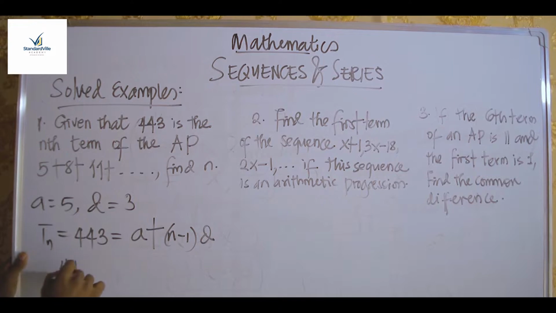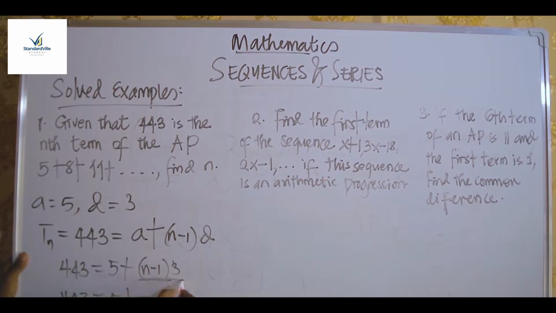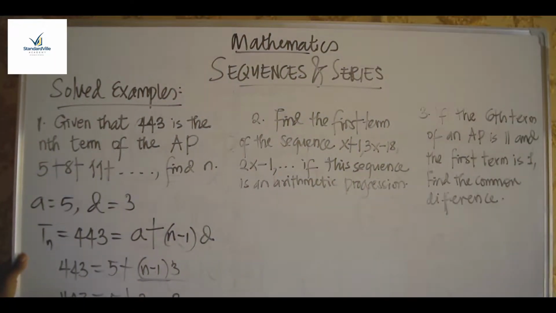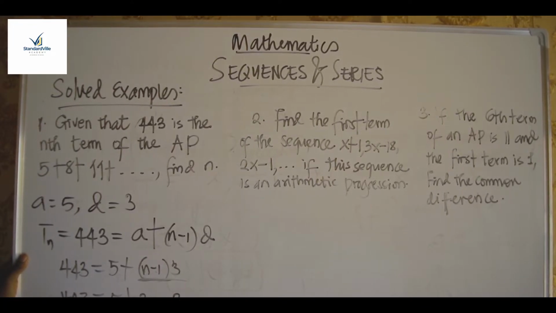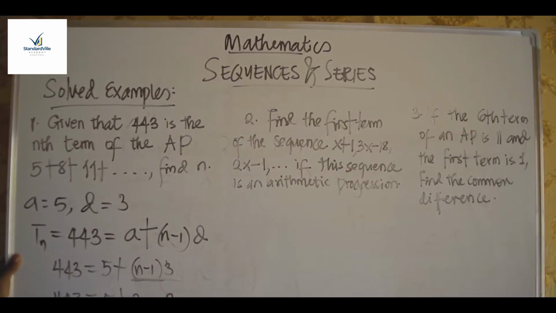So I'll say 443 is equal to 5 + (n - 1) times 3. 443 is equal to 5 plus, expand this bracket, 3 times n is 3n, minus 3 times 1, 3. 443 is equal to 5 - 3 + 3n; these are like terms. 5 - 3 is 2, plus 3n. 2 and 443 are like terms, so 2 has to come over this way, so I'll say 443 - 2 is equal to 3n, so 441 is equal to 3n.